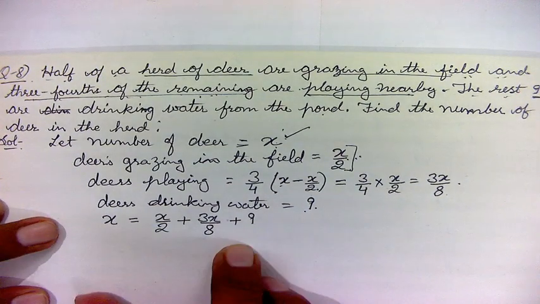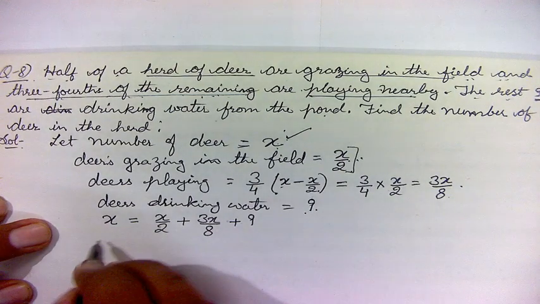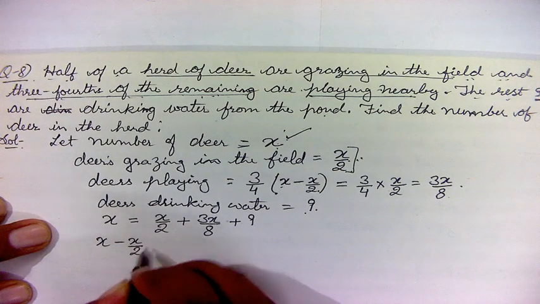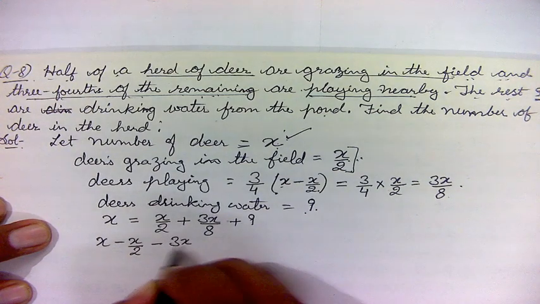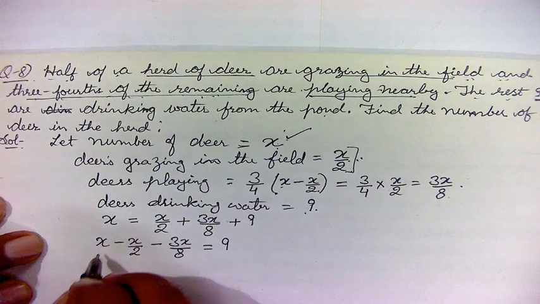Now solve this by bringing the variables to one side: x minus x upon 2 minus 3x upon 8 equals 9.